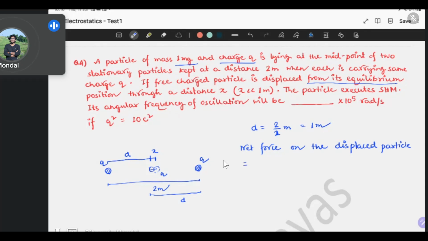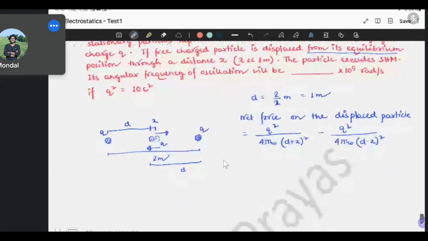The forces from the two charges are in opposite directions. So the net force is q square by 4 pi epsilon naught (d plus x) whole square minus q square by 4 pi epsilon naught (d minus x) whole square.